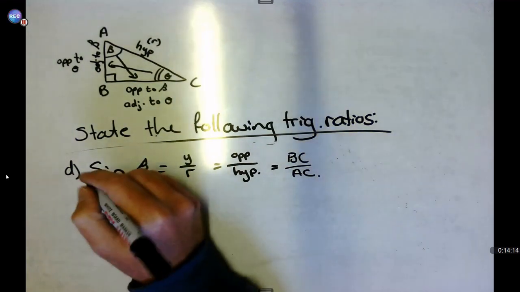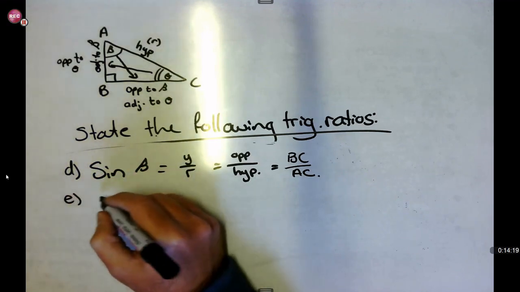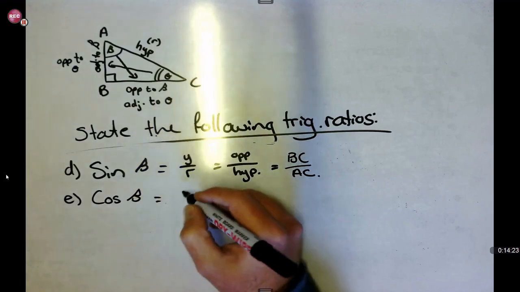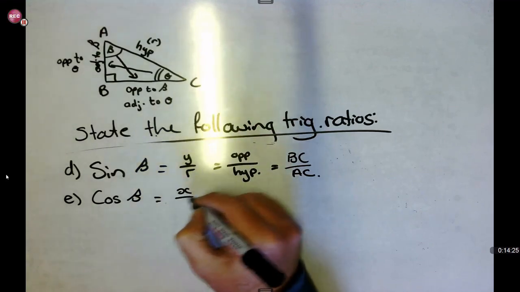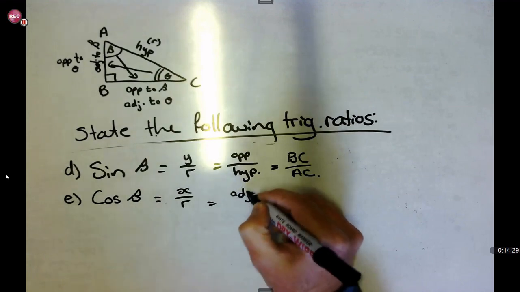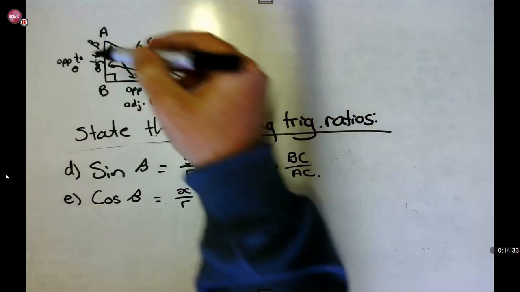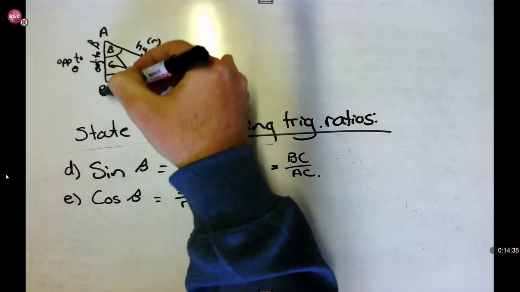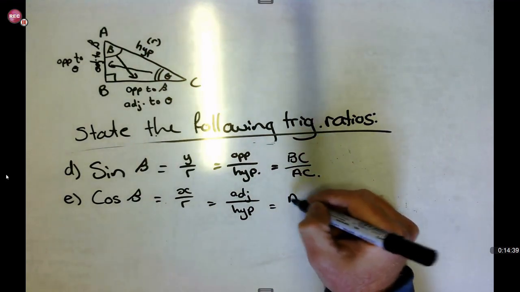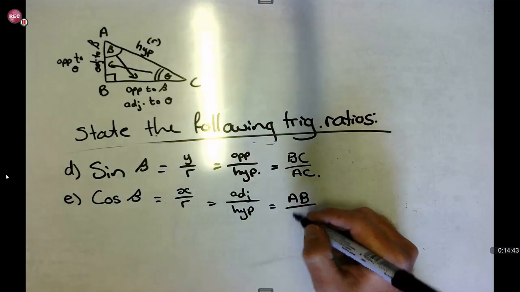Then for E, I've got cos beta, and cos beta is x over r. That's the ratio, which means it's adjacent over hypotenuse. So it's going to be AB over AC.